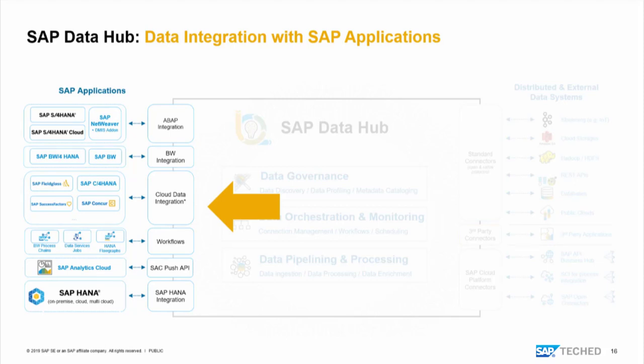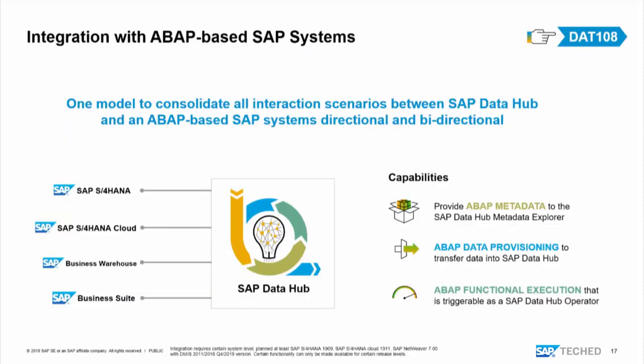The one thing which is completely new, which we just released for TechEd, and which is also shown in a hands-on session here, is a new way to connect what we call ABAP-based systems. ABAP-based means ERP and BW in the first place.